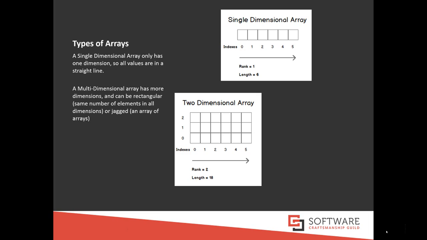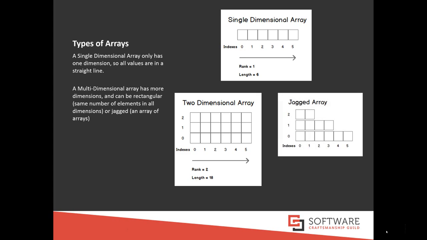So we have a situation where we have rows and columns. The rank is 2, because if we want to get to any individual box, we have to specify the row, like 1, and the column, like 3. So if we want the element, we would say position 1, 3. The length of the array is the indexes, 6, times the number of dimensions in the vertical direction, 3, 18.